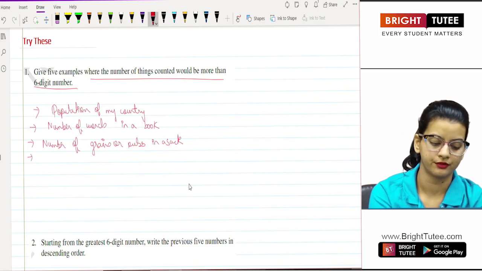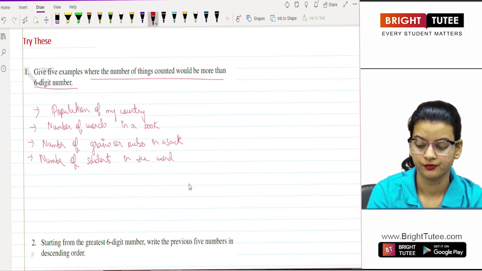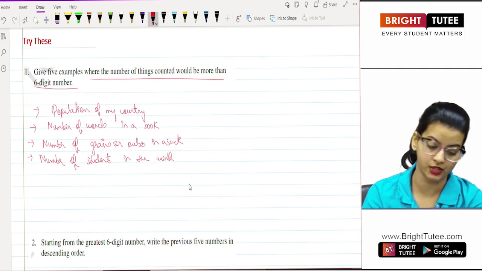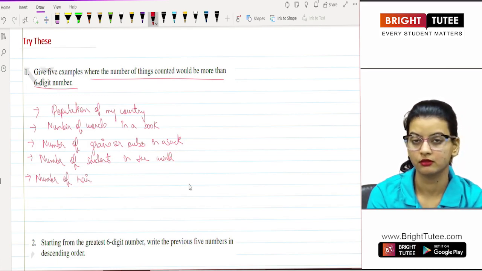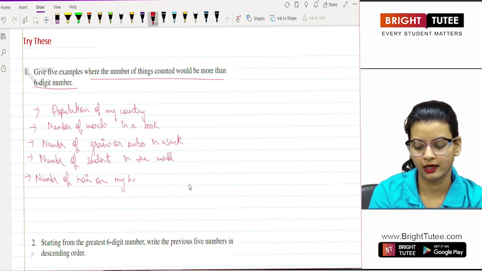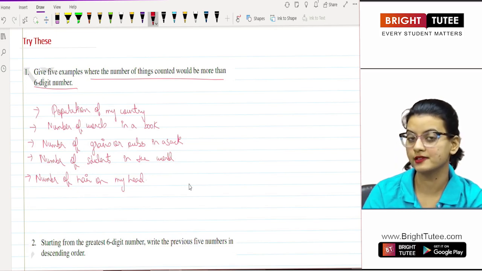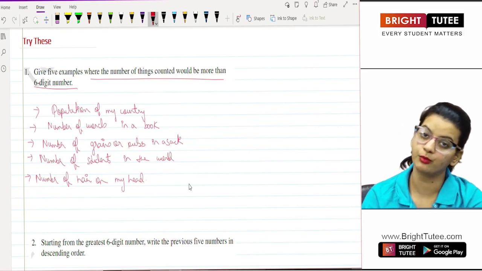Then we have the number of students in the world. This number is going to be more than 6 digits. Then the number of hair on my head, it is definitely going to be more than 6 digits, right? So here we have got 5 examples in which the number of things counted will be more than 6 digits.